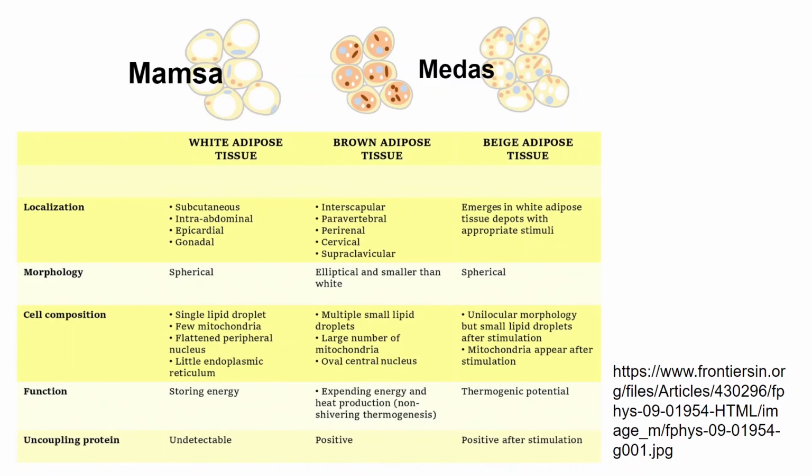The biologically less active adipose tissue is the white adipose tissue, whereas the biologically more active adipose tissues are the brown and beige adipose tissue. Brown and beige adipose tissues have a greater relationship with fluid and electrolyte balance.